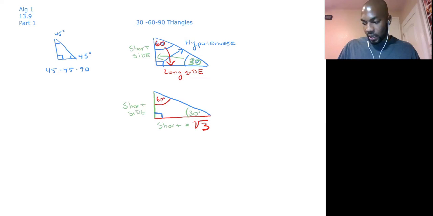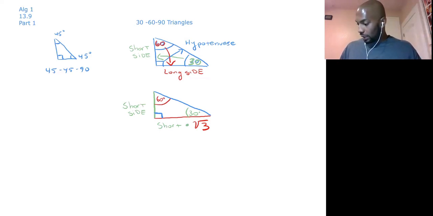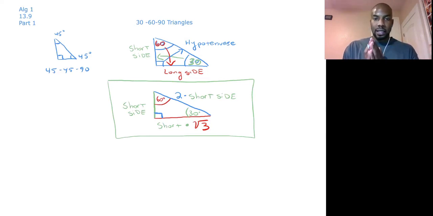Sometimes they will give it to us, sometimes they won't. And the hypotenuse in 30-60-90 triangles is always 2 times whatever the short leg is, or the short side, okay? So take about 10 seconds or however long it takes you, pause the video and copy this chart down, because this is the basic formula for finding any side of a 30-60-90 triangle.